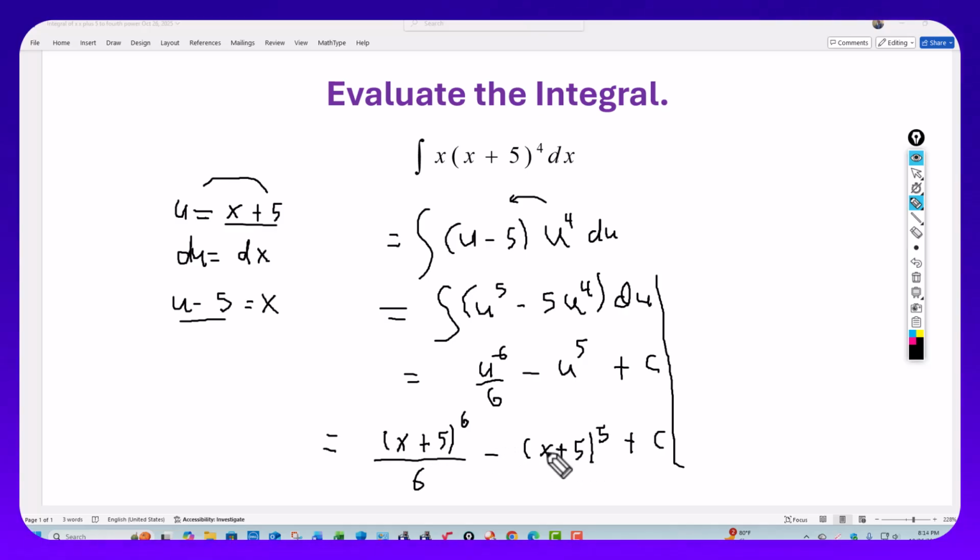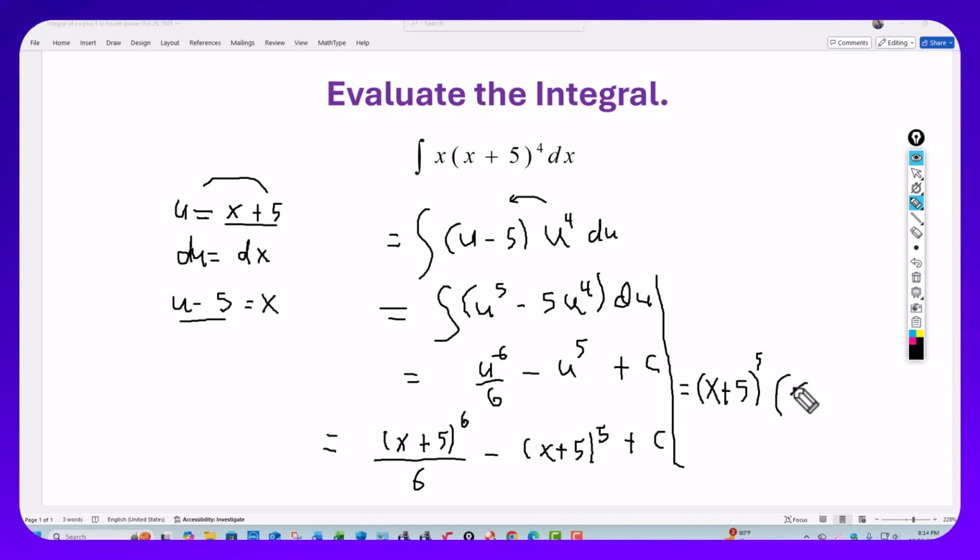You can leave it in this format, or you can do some factoring here and rewrite it in a different or simpler form. In other words, you've got an (x plus 5) to the 5th here, and (x plus 5) to the 6th here. We could take the x plus 5 out. Let's just do it this way. That's to the 5th here. And then what was left in here? So we took an (x plus 5) to the 5th out.